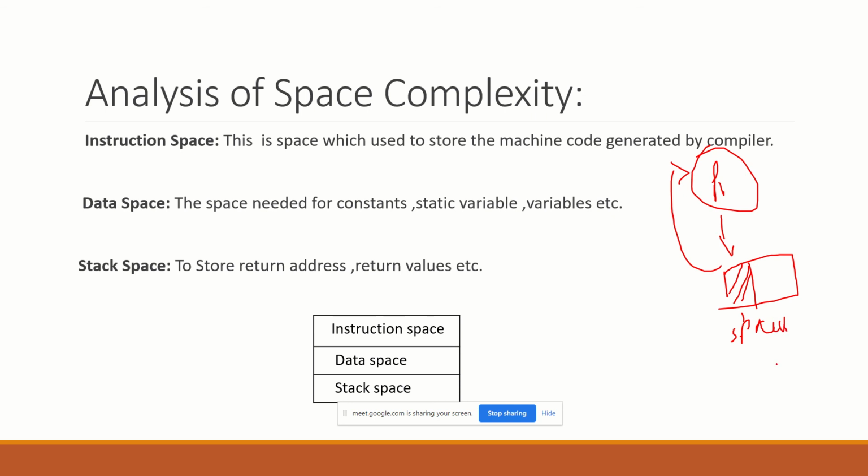Space complexity is the amount of memory used by the algorithm. Why algorithm, sir? Why not program? Because we are loading the program, no? Then why are we considering it as an algorithm? Because on which basis is this program implemented?